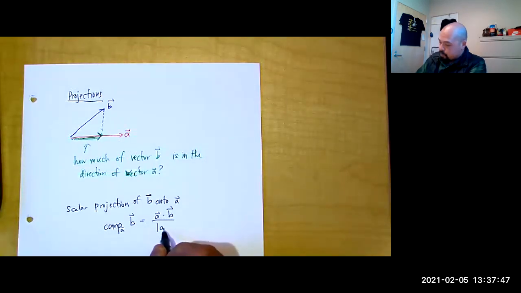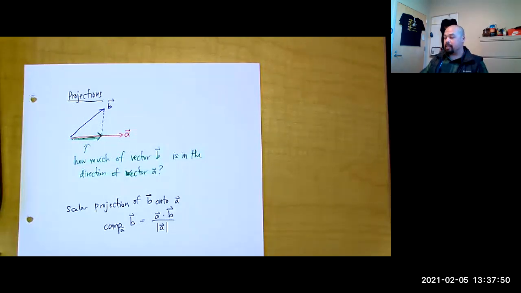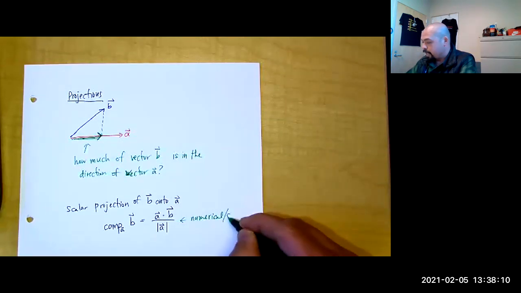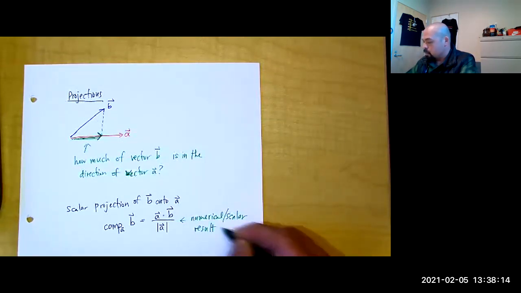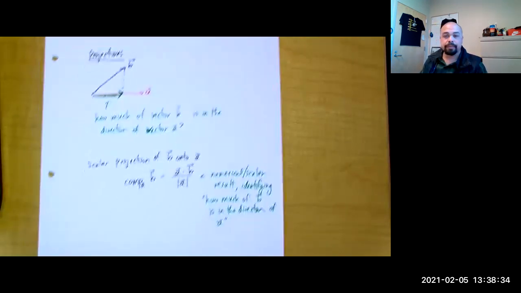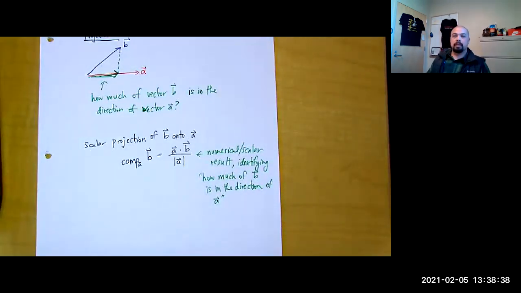And we're dividing it by the magnitude of vector A. It's a scalar projection: a dot product is a scalar divided by a scalar, so we get a numerical, scalar result, identifying how much of vector B is in the direction of A. Thinking about those forces, how much of that force B is moving in the A direction.